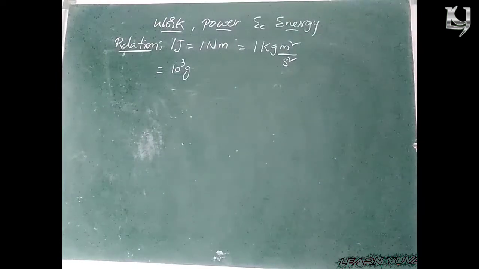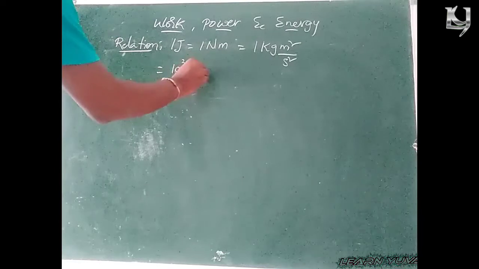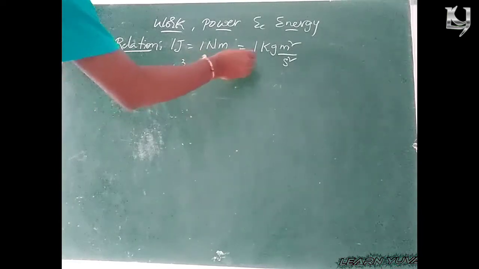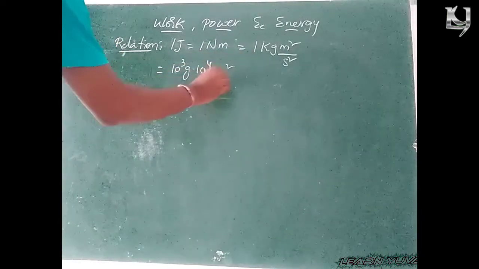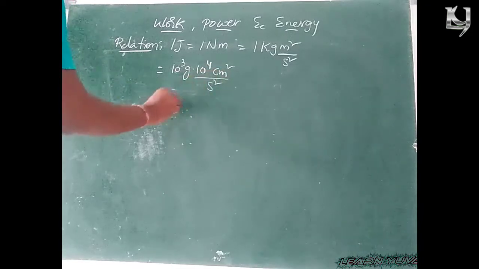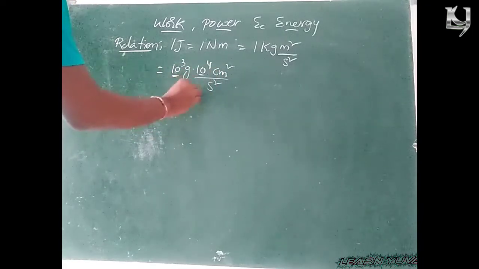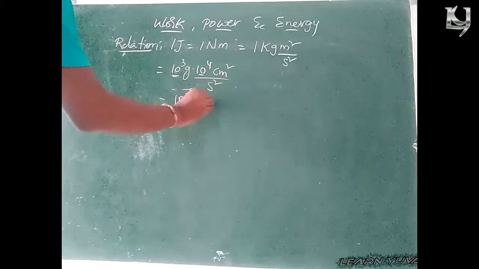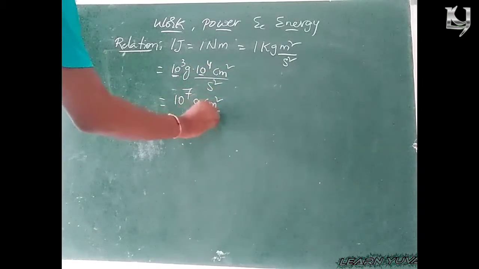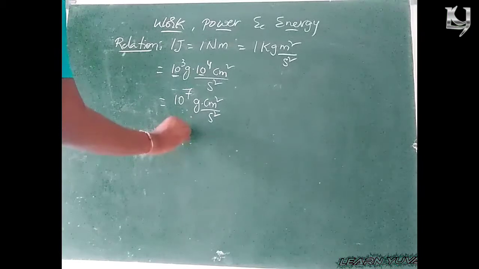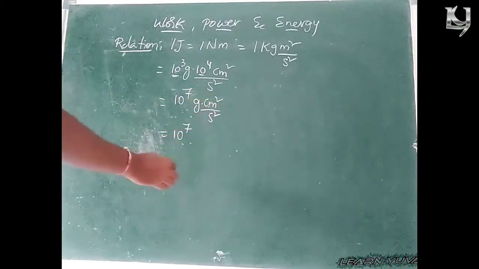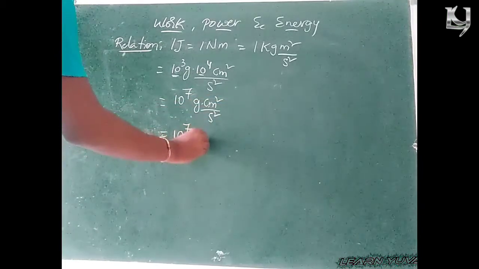1 meter is equal to 10 power 2 centimeter, so meter square is 10 power 2 into 10 power 2, that is 10 power 4 centimeter square by second square. When the bases are the same, what should be done? The powers are added, 3 plus 4, 7, so 10 power 7 gram centimeter square by second square, which is nothing but erg.